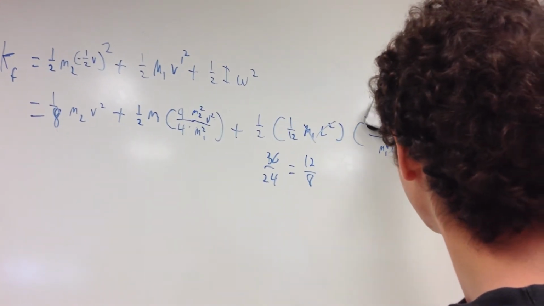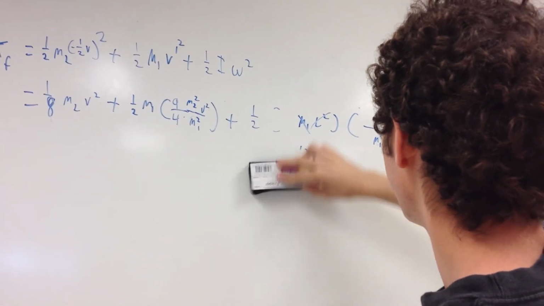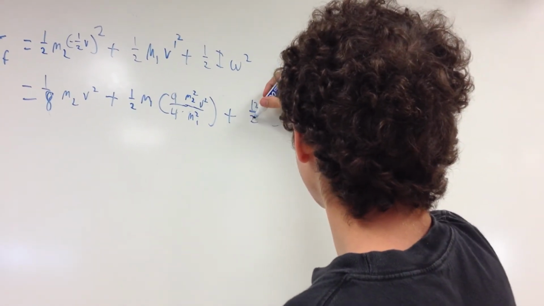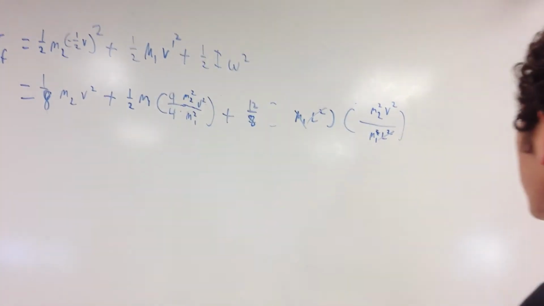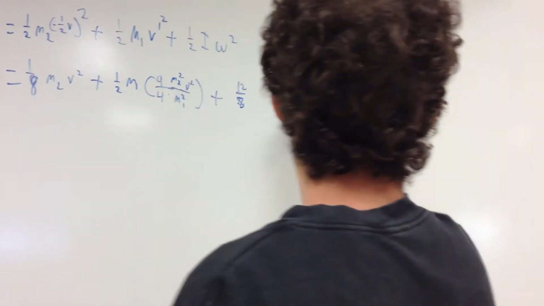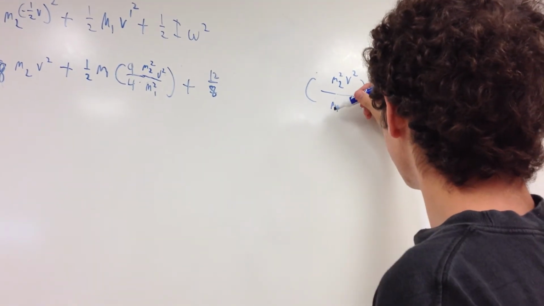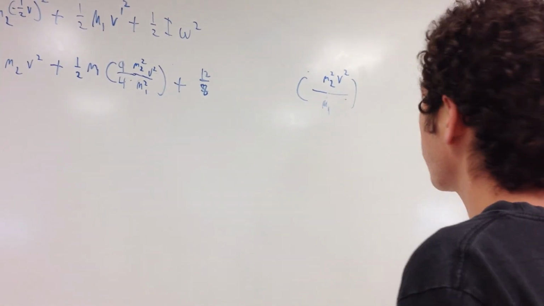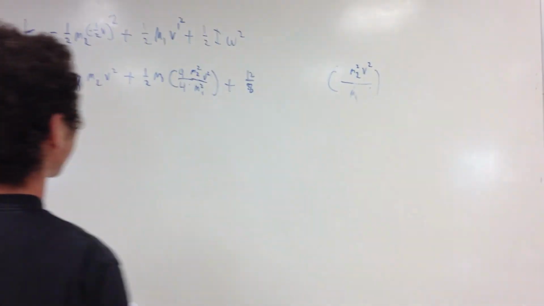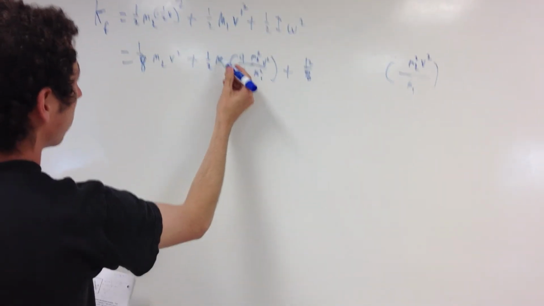So I'm going to get rid of all my constants and throw them out front as 12 over 8. This one, my m1 squared is going to cancel out with my m1 over here.